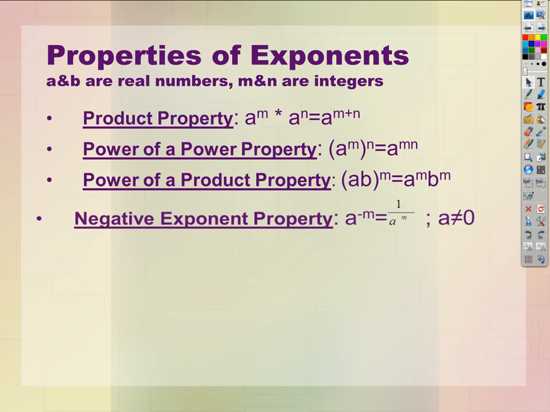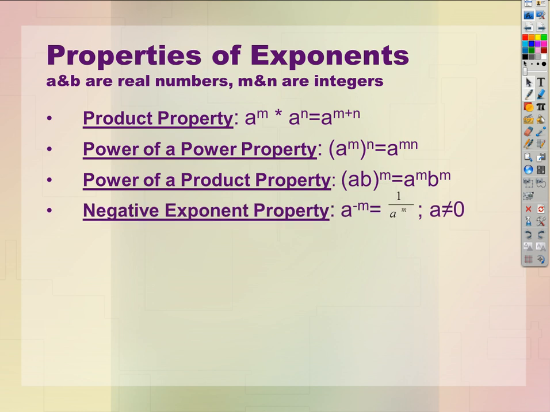So for example, if I had something like 2 times x to the negative 3, well, that's equal to, the 2 stays on the top, but because I've got this negative sign in my exponent, that means it's going to be positive in the other part of the fraction.